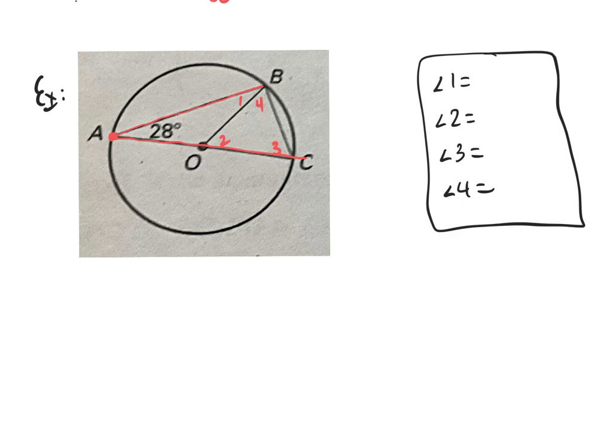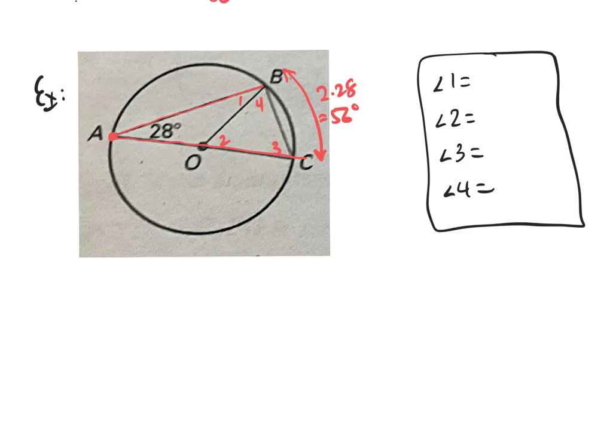That means that the angle, 28 degrees, and the arc BC, our theorem from early in this section says that the angle is half of the arc, or backwards, the arc is 2 times the angle. So this arc BC is going to be 2 times 28, which is 56 degrees.